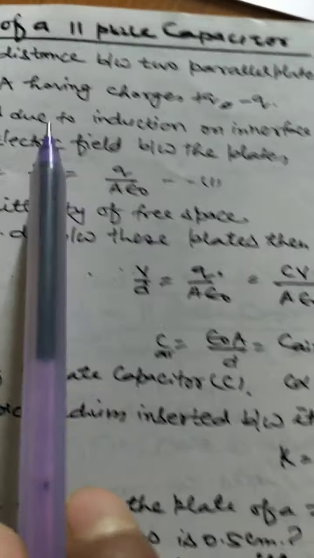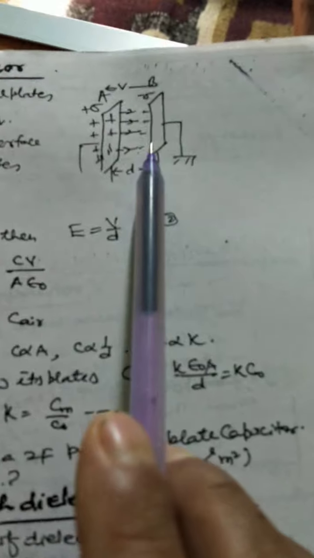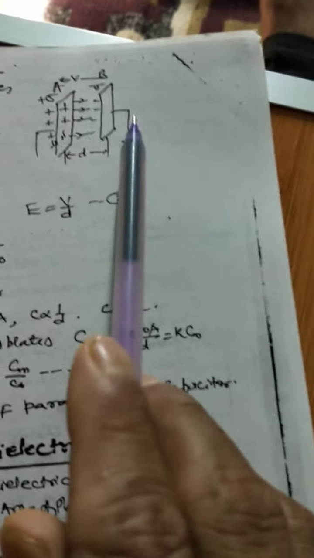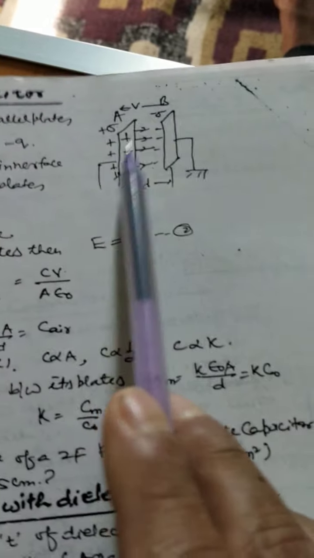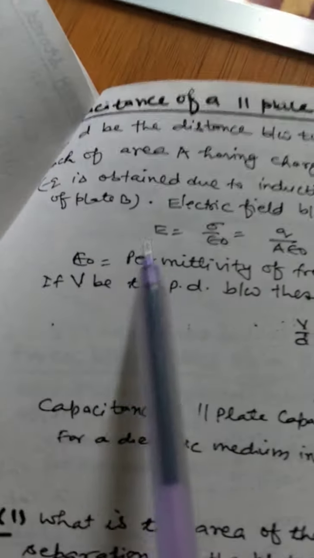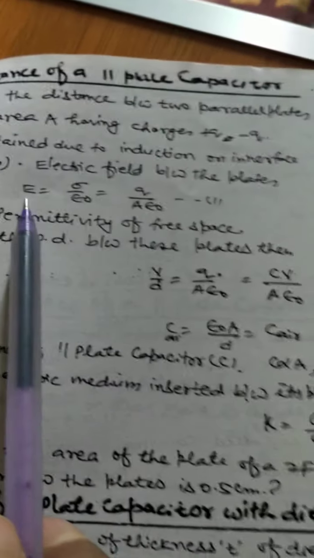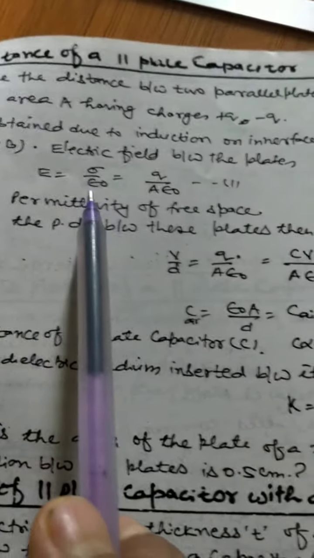A is the area, and charge is given here Q. Due to induction, again minus Q will be here, the second plate gets earthed. We know the electric field between these two plates when the potential difference is V and separated by D, E is equal to V by D. And also by Gauss's theorem, between the two plates, E is equal to sigma by epsilon naught.